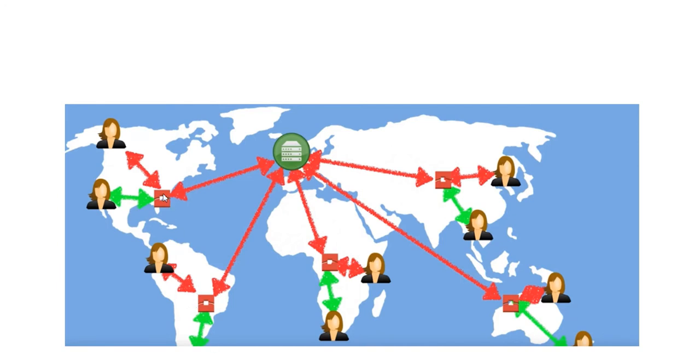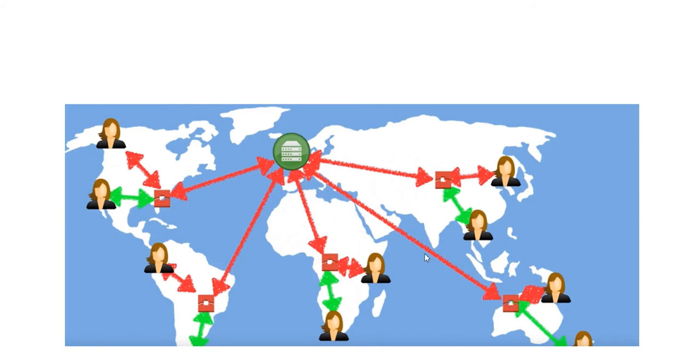That is the function of the edge location. If this edge location currently does not have it cached, it pulls it down from the S3 bucket and caches it for the time to live, TTL. This goes for the first user.